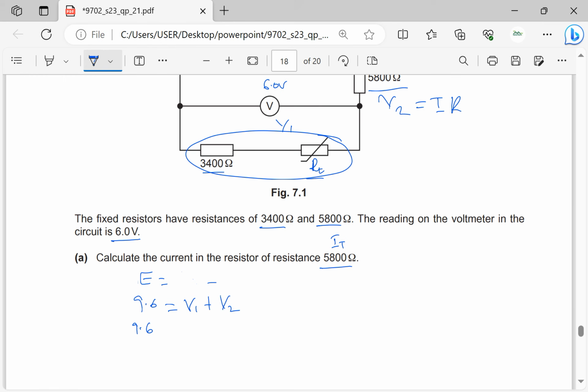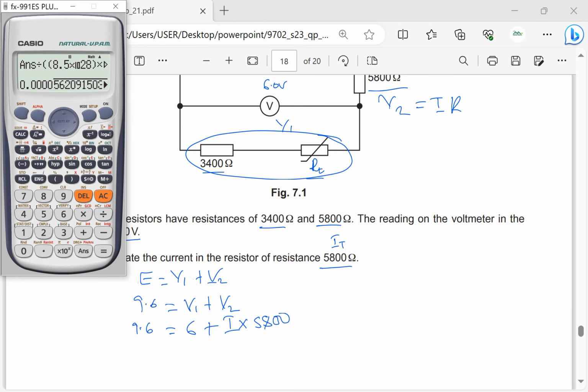So 9.6 is going to be equal to V1, which is 6, total PD downwards, plus the PD there, which is going to be the current I times the resistance, which is 5800. So I'll just say 9.6 minus 6 divided by 5800.